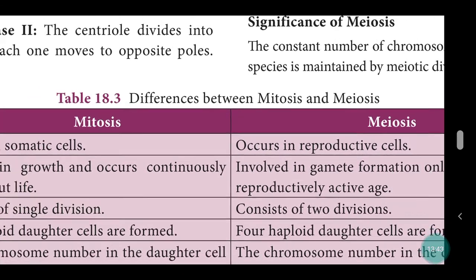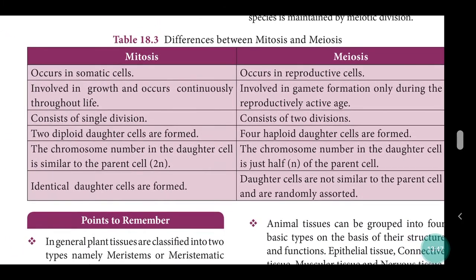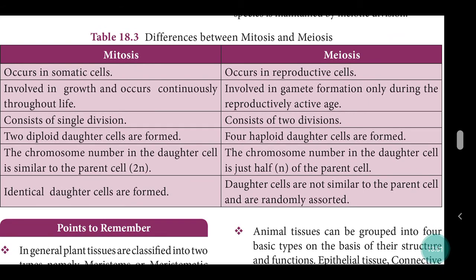Differences between mitosis and meiosis. Mitosis occurs in somatic cells, that is body cells. What are somatic cells? Body cells. Except sex cells, all the cells are somatic cells. Meiosis occurs in reproductive cells, sperm and ovum.